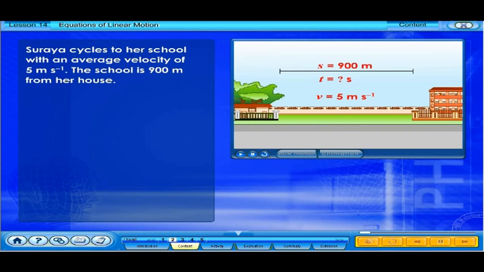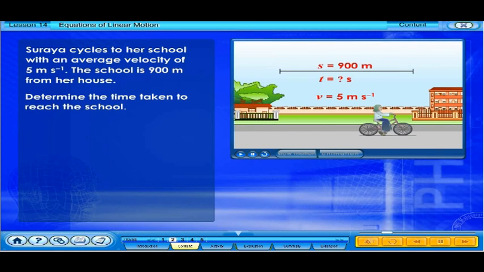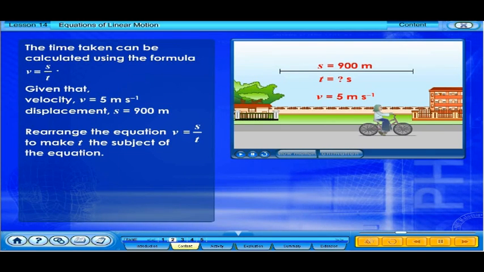Suraya cycles to her school with an average velocity of 5 meters per second. The school is 900 meters from her house. Determine the time taken to reach the school. The time taken can be calculated using the formula v equals s over t, given that velocity v equals 5 meters per second, displacement s equals 900 meters.